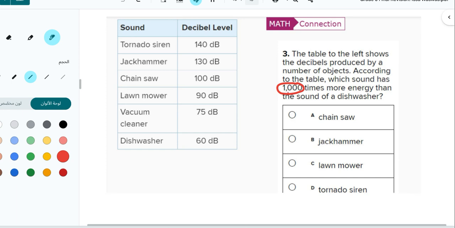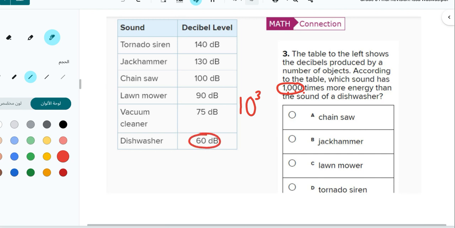So I'm going to count zeros. 1, 2, 3 zeros. That means if we put this as an exponent, one way to think of it will be 10 to the third power, which means how many tens do we need in there? We need 3 tens.